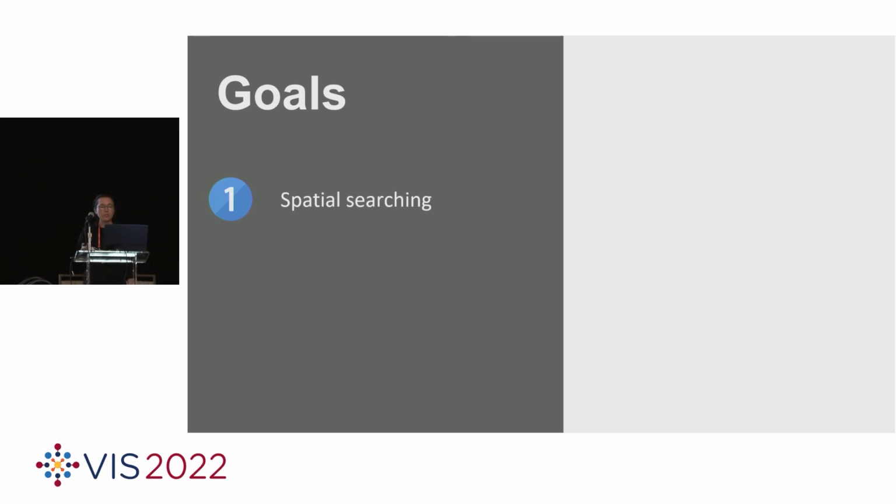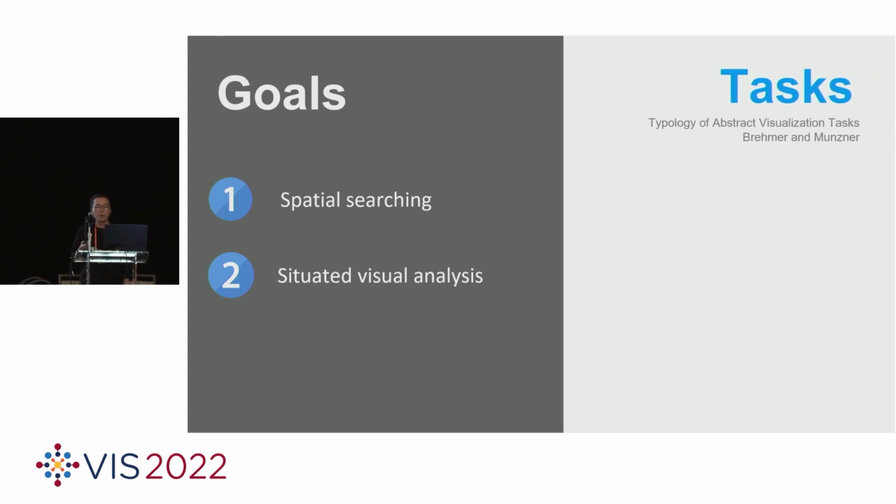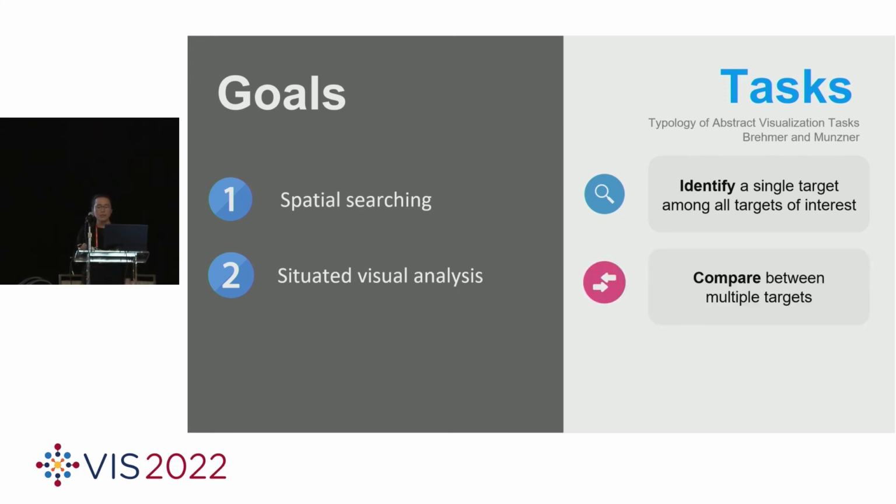First, the labels need to support spatial searching by visualizing the spatial relationship between the targets and the user. Second, labels need to support situated visual analysis tasks by providing extra information. We then identified 3 fundamental situated visual searching tasks based on the typology of abstract visualization tasks by Brehmer and Munzner, including identify a single target, compare multiple targets, and summarize data across targets.